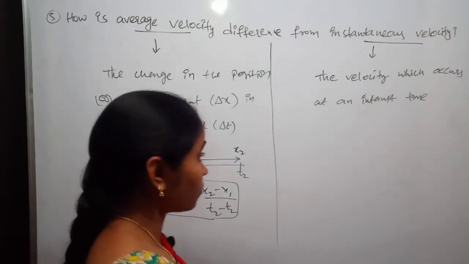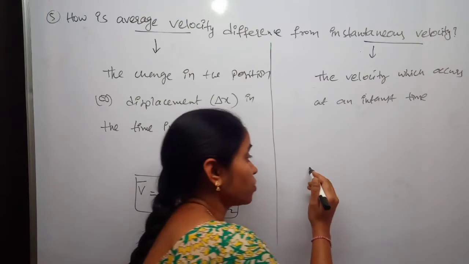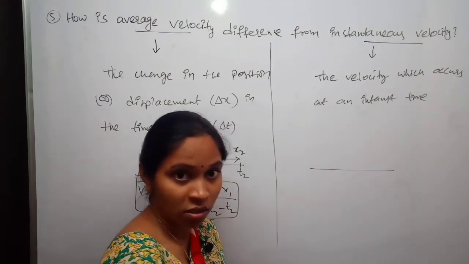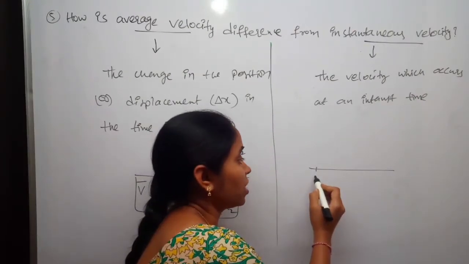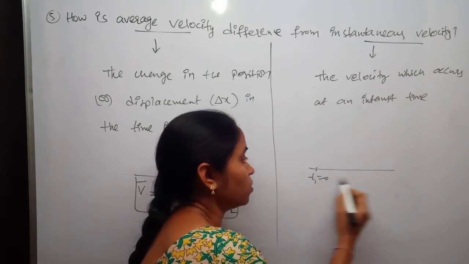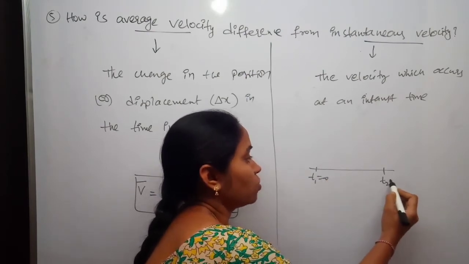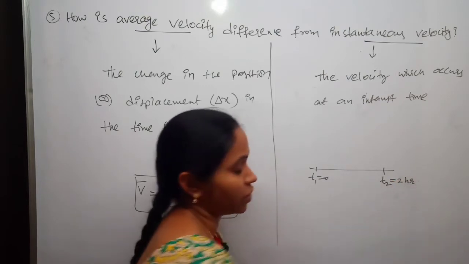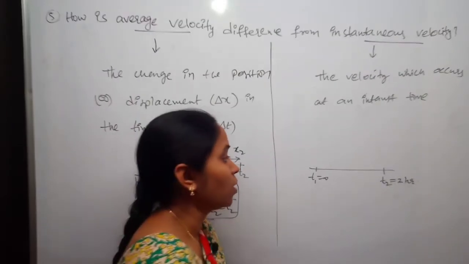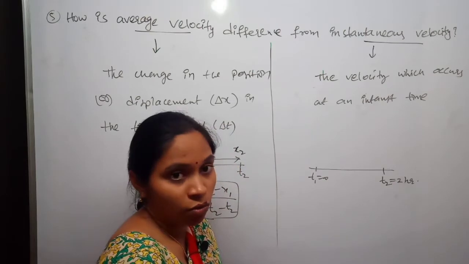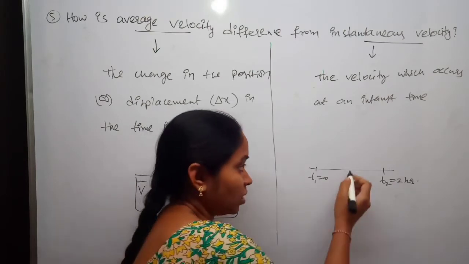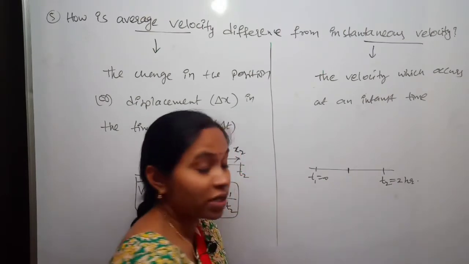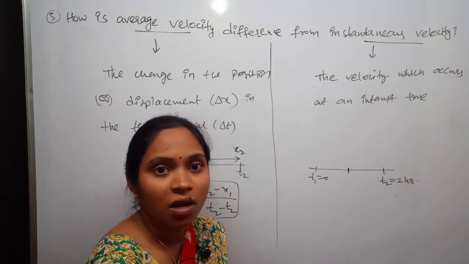See, when a car is moving on a road, initially the time t1 is equal to 0, the time t2 is equal to some 2 hours, for example. And I just want to know at this instant of time what is the velocity of the car.